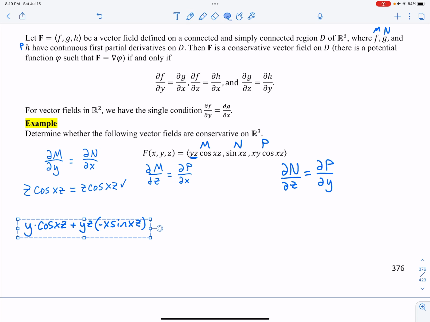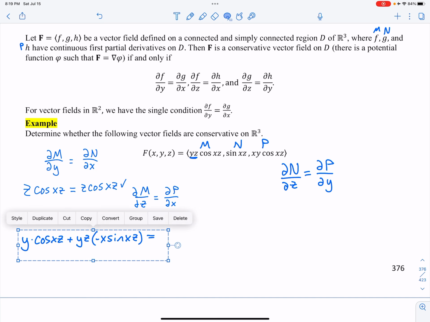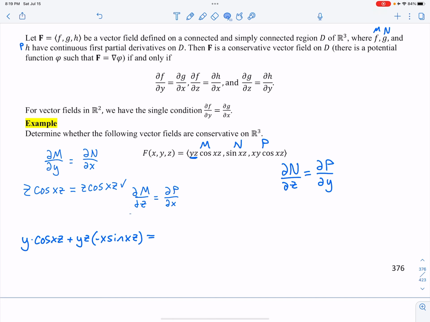I'm not going to simplify until I see, and we're working on this one right here. I guess I could put that. Let me move some things around. Here. Okay, and then we're just working on the other side now. This is going to be P with respect to X. Again, that's a product rule.